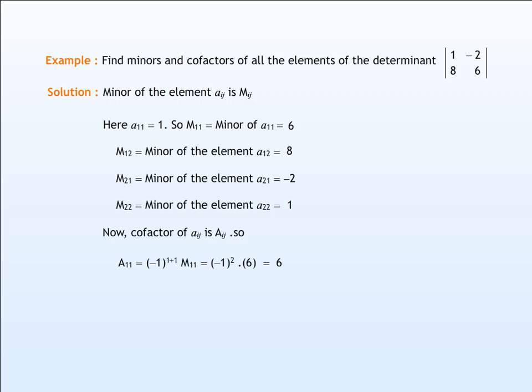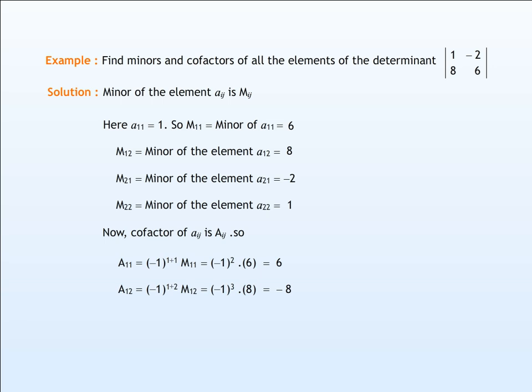Cofactor of first row, second element, A12 equals minus 1 raised to power 1 plus 2 multiplied by M12, which equals minus 1 raised to power 3 multiplied by 8, which is further equal to minus 8.